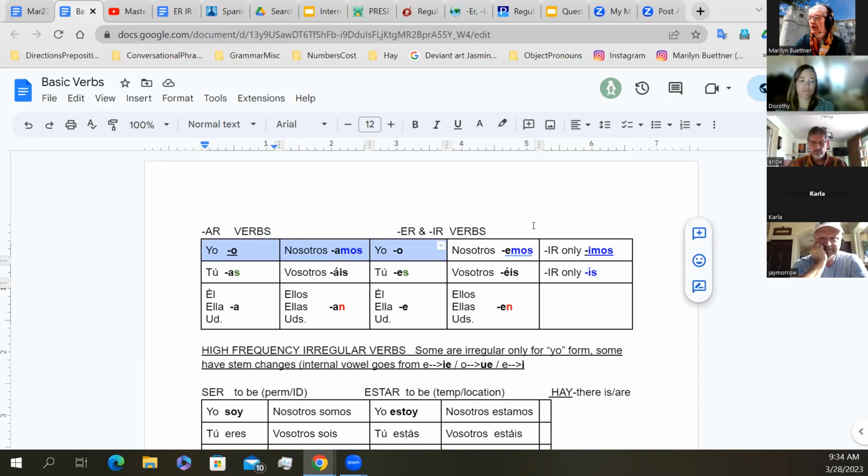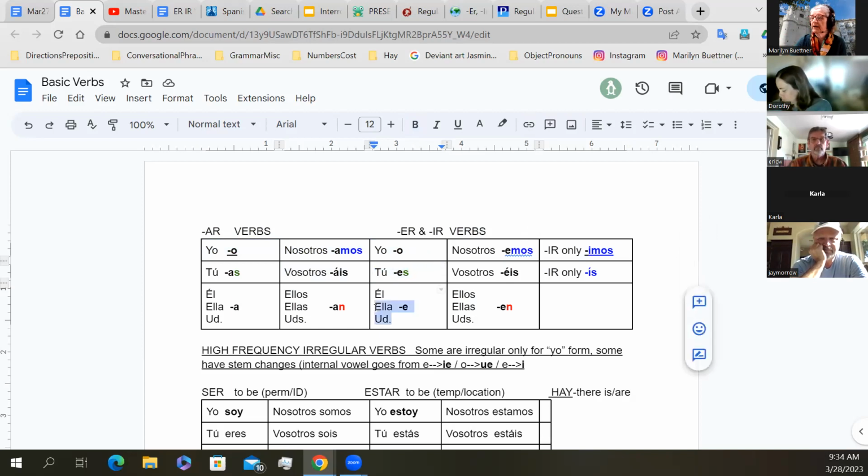So that one is not a tough one to do. But again, an S at the end with the telltale vowel, being the E sound for the ER verbs, is for tú. The naked vowel by itself to use for third person singular, meaning one human being, is the E, right? For ER and IR verbs, they share.